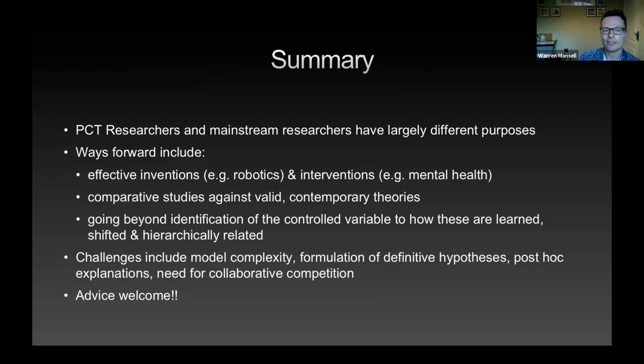It's about doing comparative studies, but doing our best to make our comparison a proper, plausible model, ideally with the collaboration of a competitor, and going beyond the identification of a controlled variable to actually using some of these other components of PCT that Bill gave us.